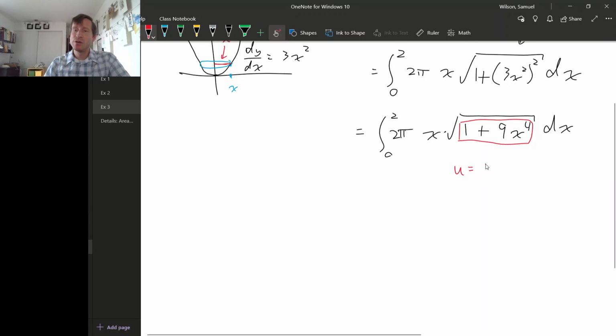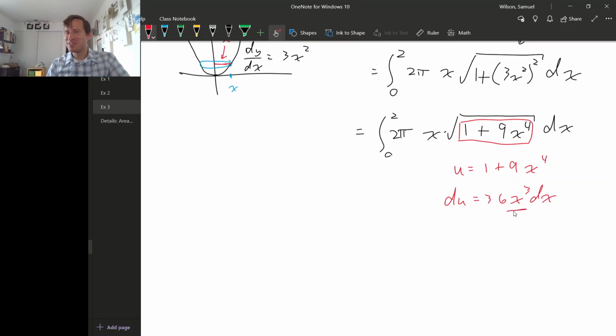We get u is 1 plus 9x to the 4th. Then du is 36x cubed dx. But that isn't looking too promising because we'd like to see an x cubed outside of the square root, but we don't have x cubed, just x. So that doesn't look so good.